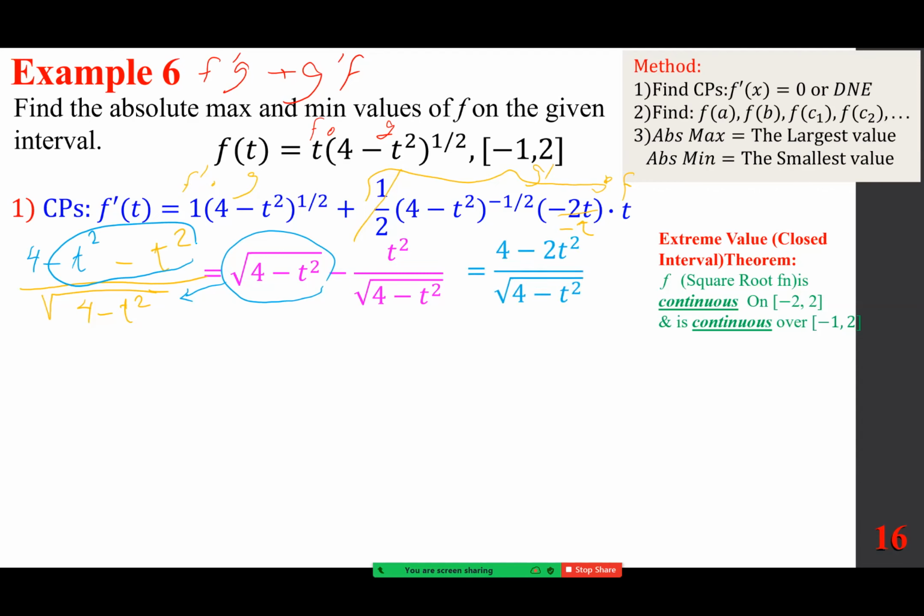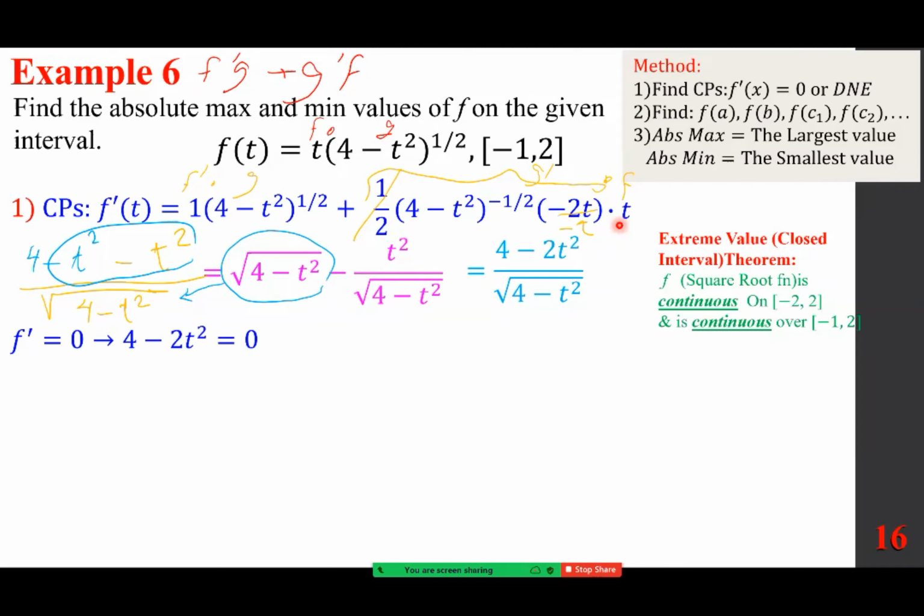Now, all we did so far was to find f prime. So where is f prime 0? When the numerator is 0. F prime is 0, the numerator is 0.